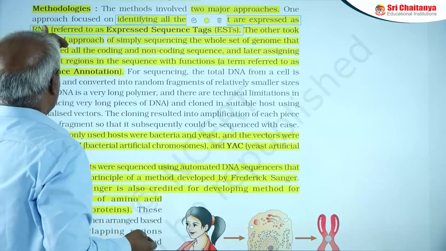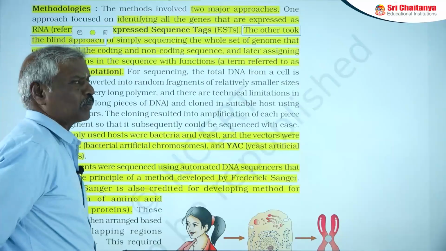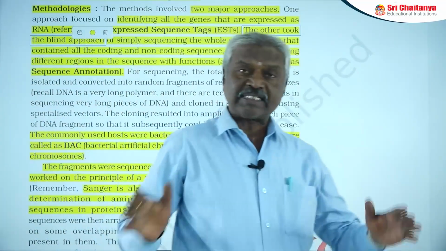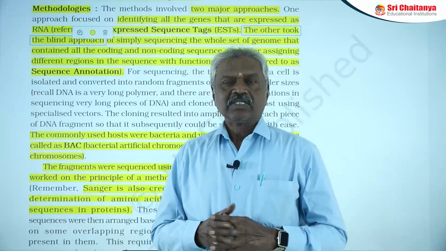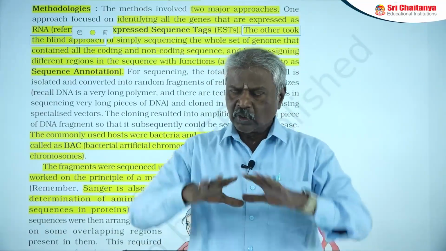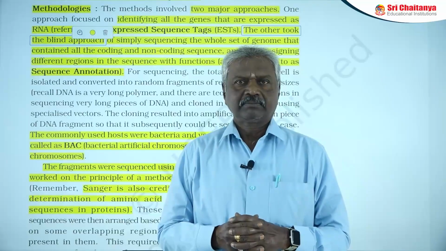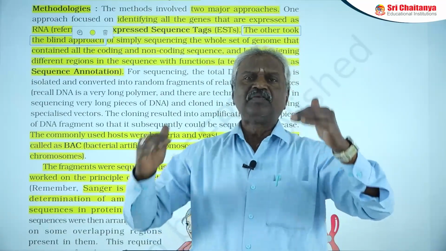Then coming to the second method, it's a blind approach. In the first, expressed sequence tags, we can only identify genes. So some of the people went for that, to identify the genes, to pick them out, to record them. That is the first method, but that first method can fulfill only one goal.